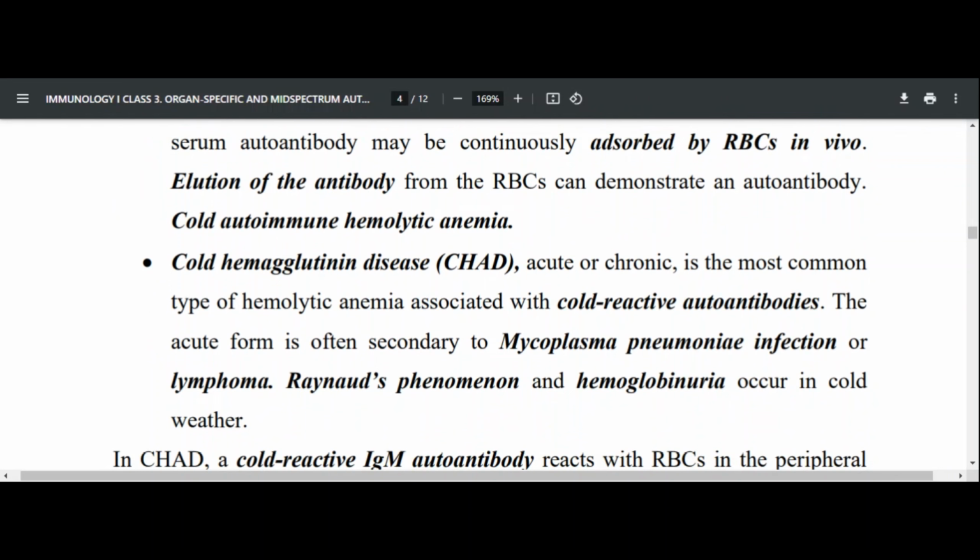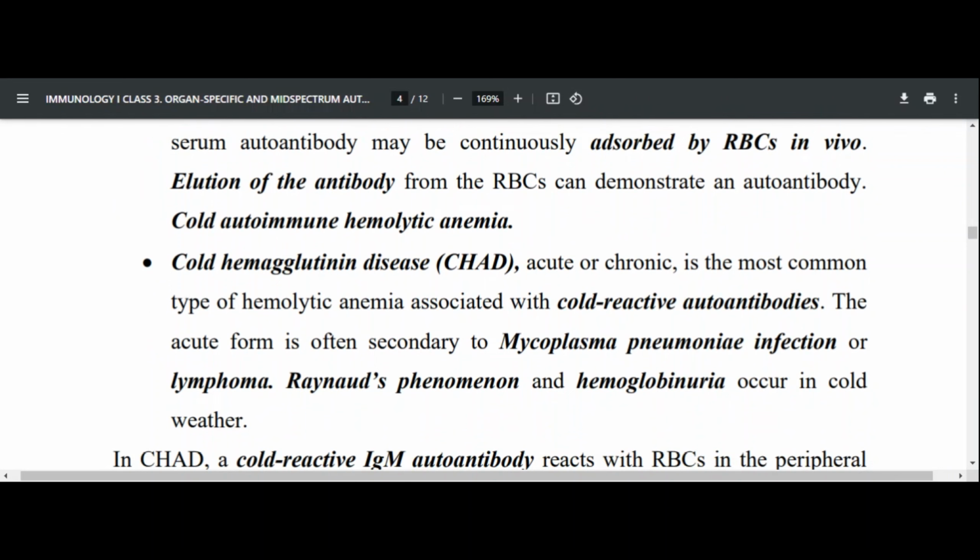In cold hemagglutinin disease, what we find are cold reactive antibodies, and these are in the class of IgM, right? IgM are always cold antibodies.